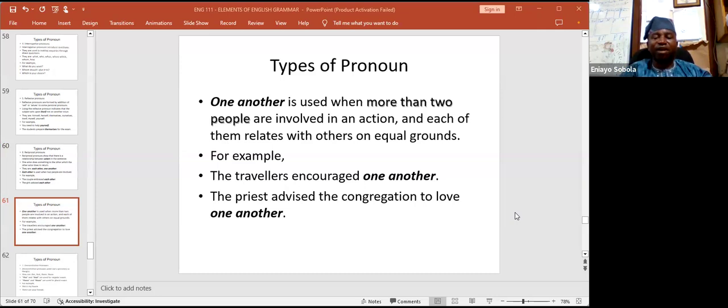The priest advised the congregation to love one another. The intention of the priest is that each member of the congregation should love the other members in the church. They should love one another.